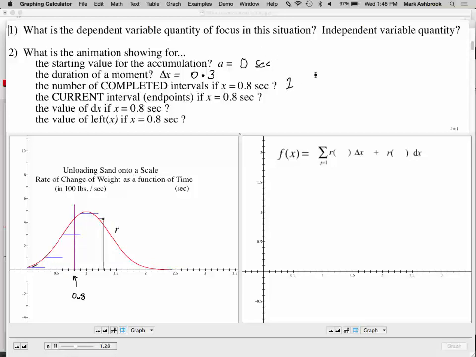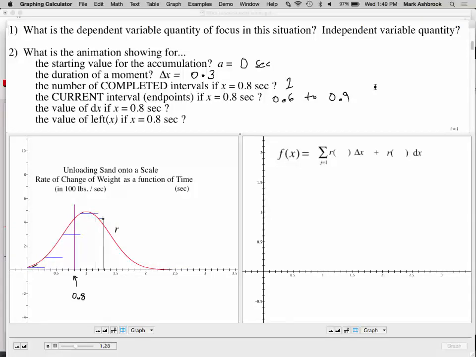What defines the start and end of the current interval? 0.6 to 0.9. Okay? And then what's the value of dx? Okay, so dx is always varying within the current interval from 0 to delta x.